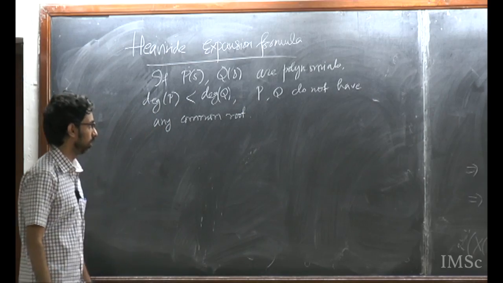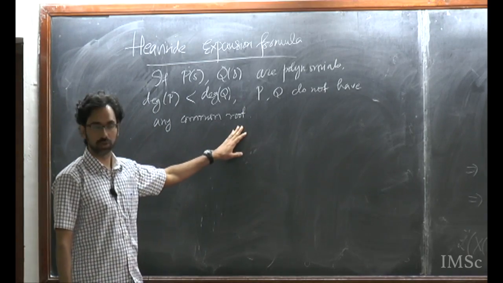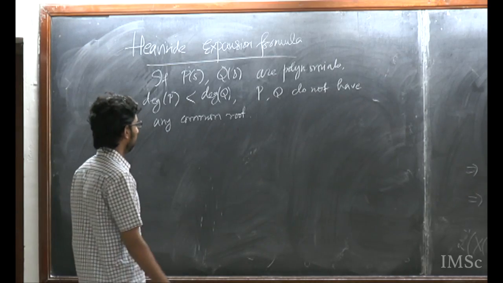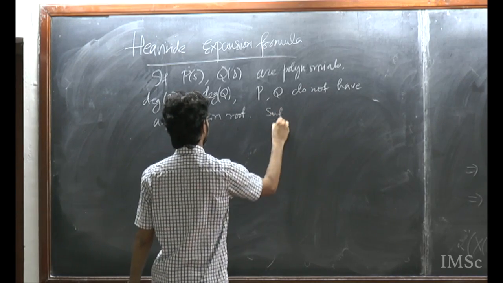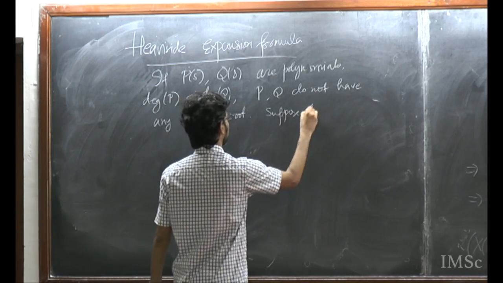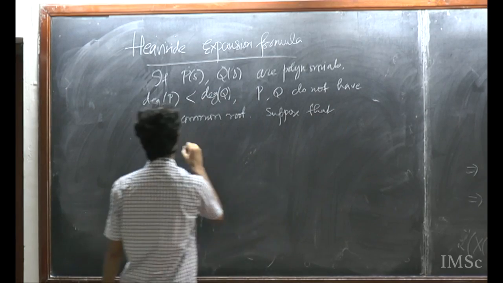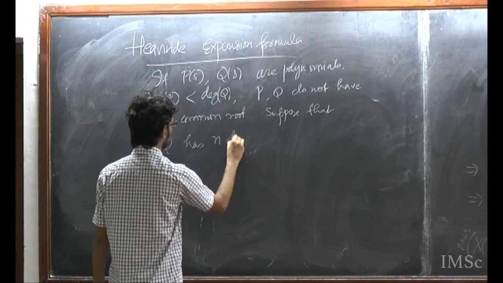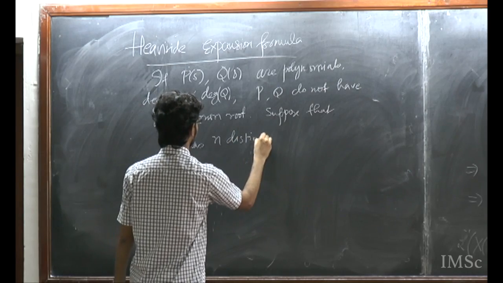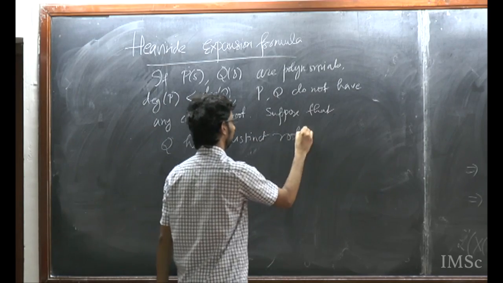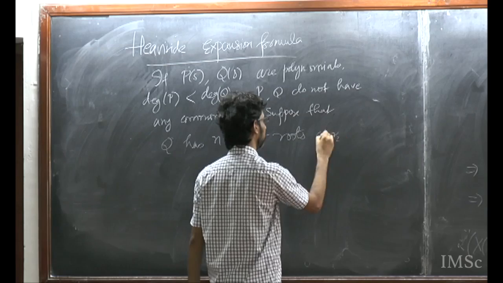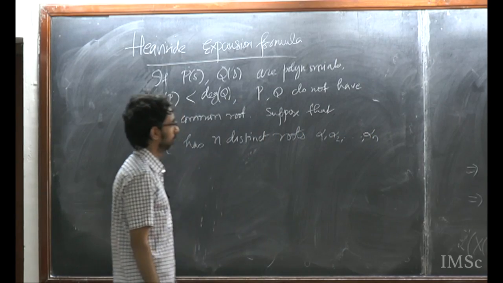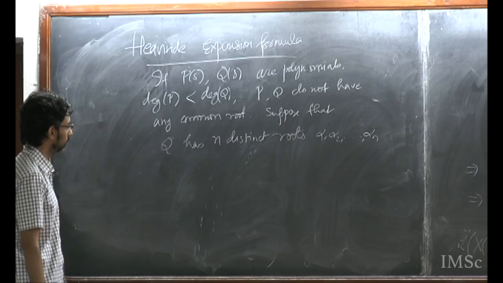Now when I'm talking about roots, these could lie in the complex plane. Further, suppose that Q has n distinct roots, alpha 1, alpha 2, ..., alpha n.